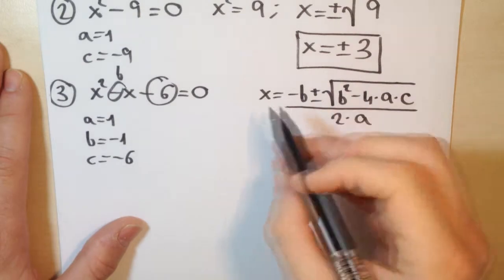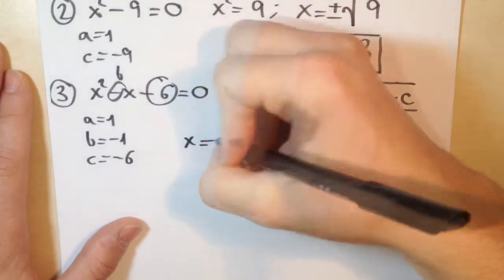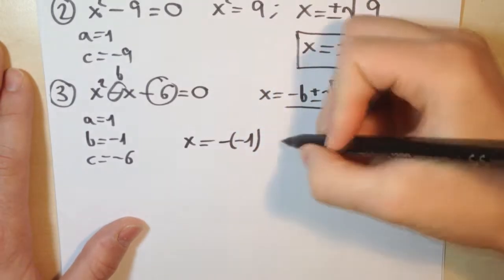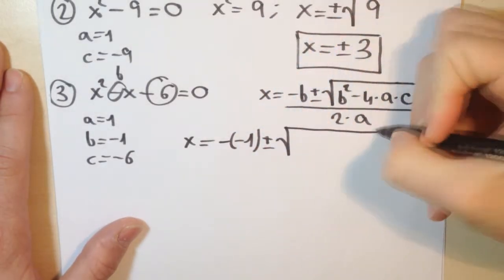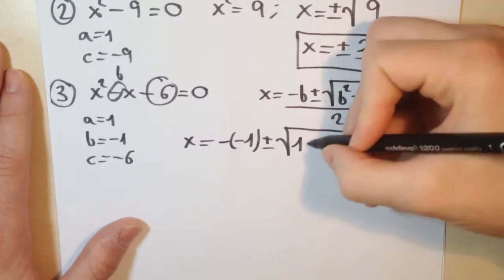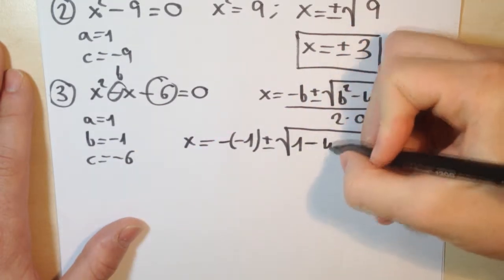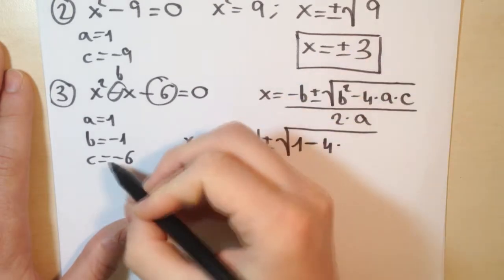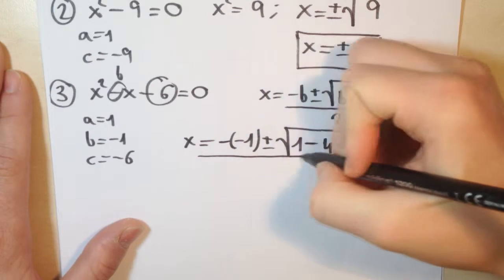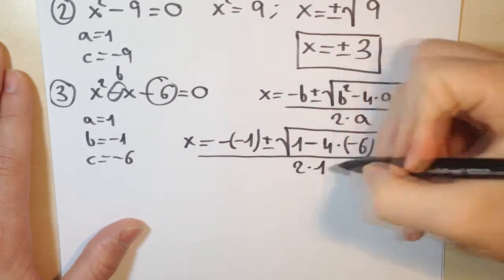So we just need to solve this. x equals minus b, which is -1, plus or minus square root of b squared, -1 squared is 1, minus 4 times a, which is 1, times -6, divided by 2 times 1.